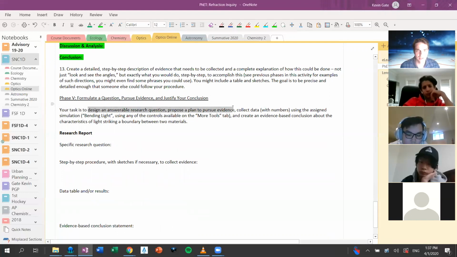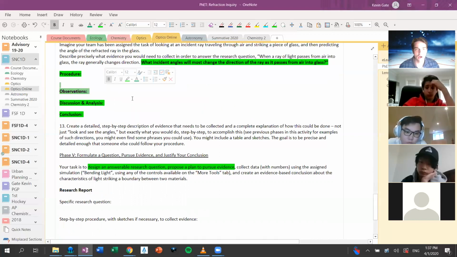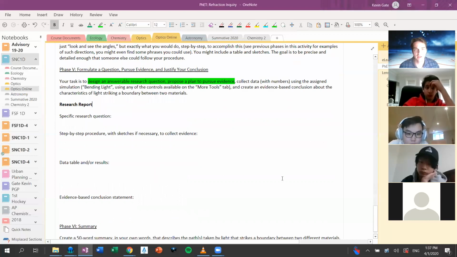In this case, you're going to create a question and you're going to design and propose a plan to pursue the evidence. Then you're going to collect the data, using the assigned simulation, like using the PhET simulator. And then you're going to create a conclusion, just like you did in phase 4. The only difference between phase 4 and 5 is the question is up to you.